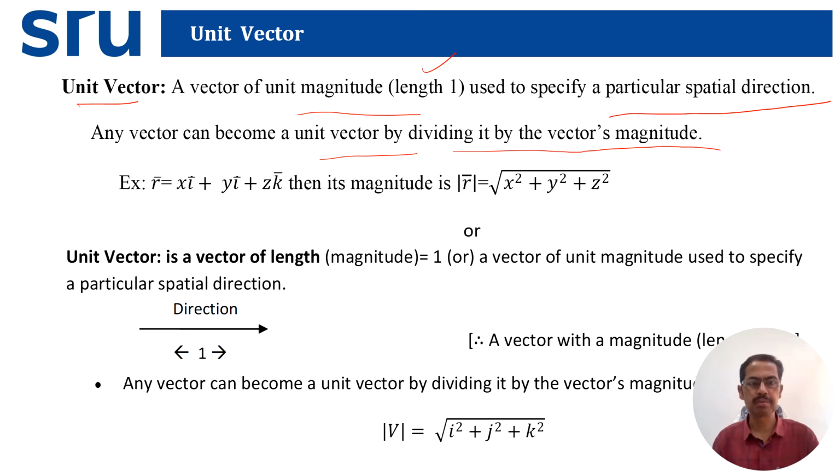If R bar is x i bar plus y j bar plus z k bar, then its magnitude |R bar| is equal to the square root of x square plus y square plus z square. Right? Then the unit vector is R bar divided by its magnitude. Any vector becomes a unit vector when divided by its magnitude, which is given by this.